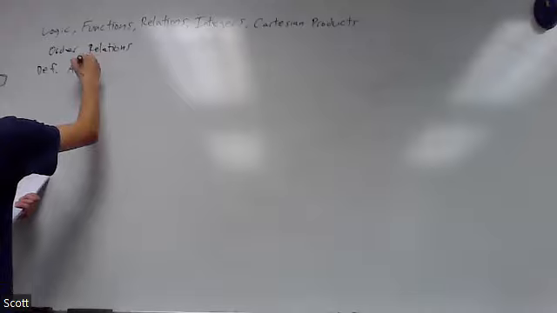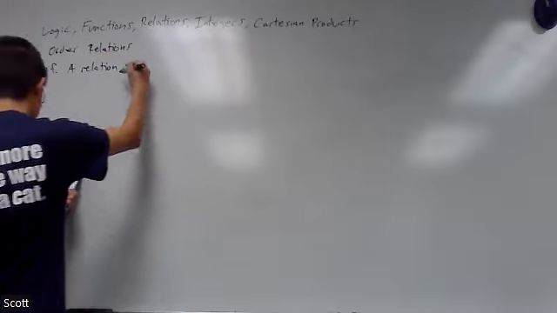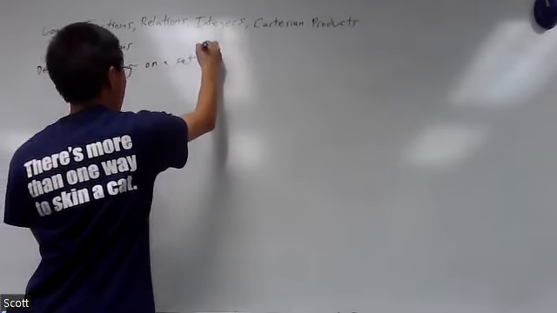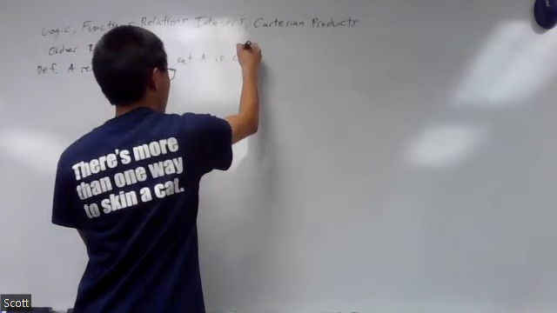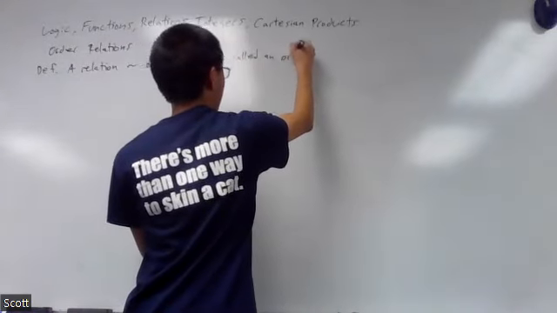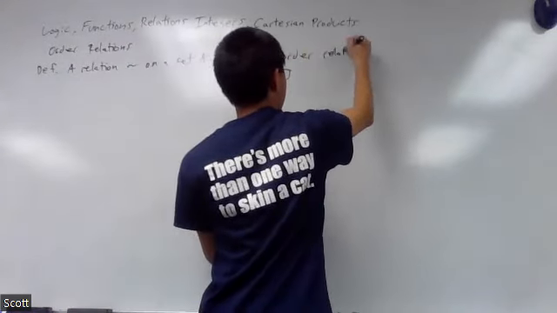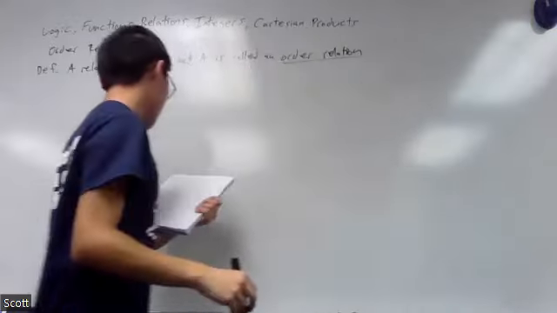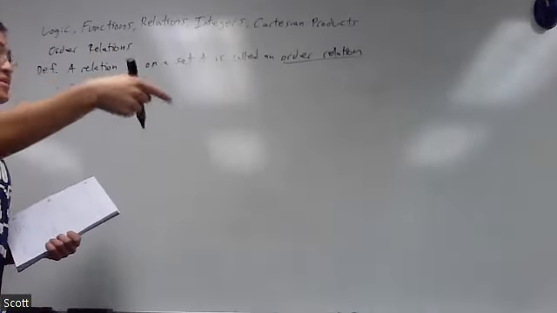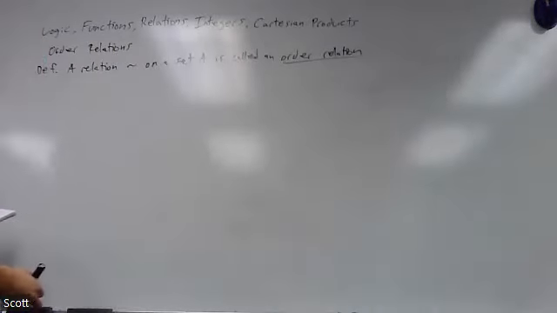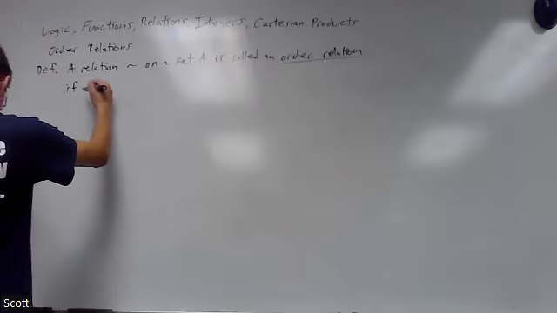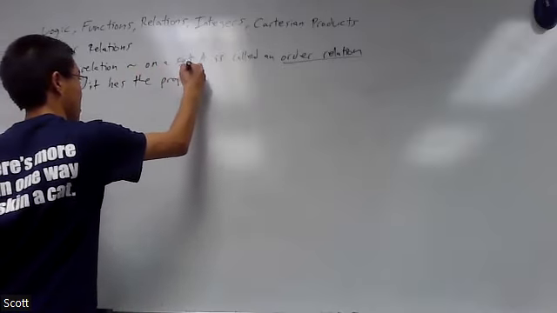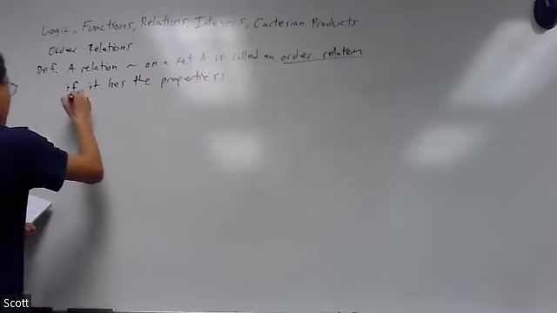But a relation, and we still use the tilde just abstractly, on a set A is called an order relation. And sometimes it's called a simple order or a linear order, but they always call it ordered sets. And so that would be the application for the order relation. If it has the properties, and there's going to be three properties here.